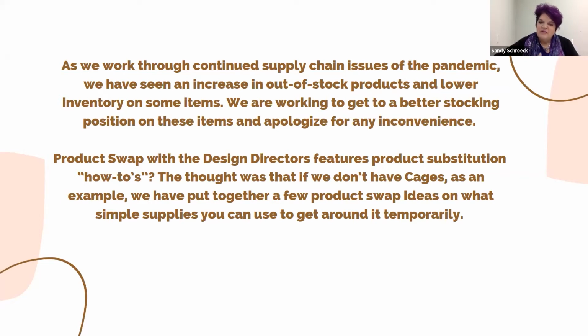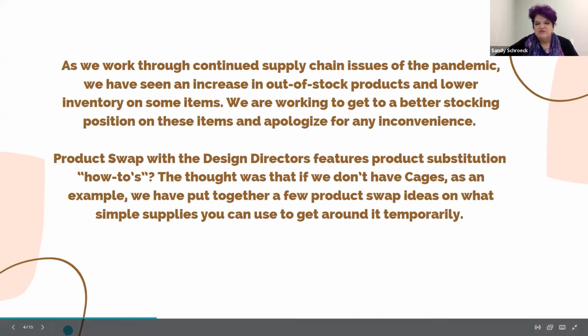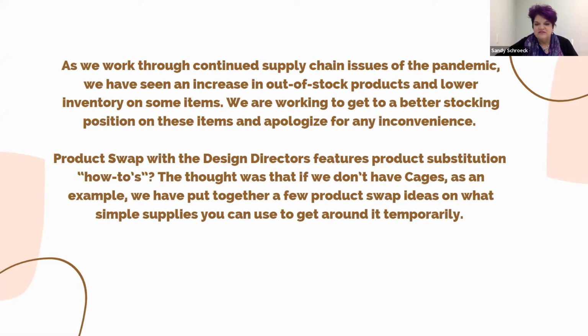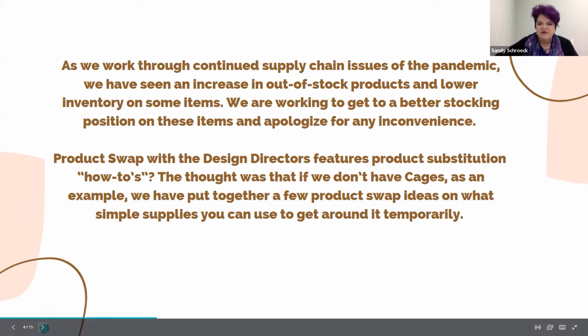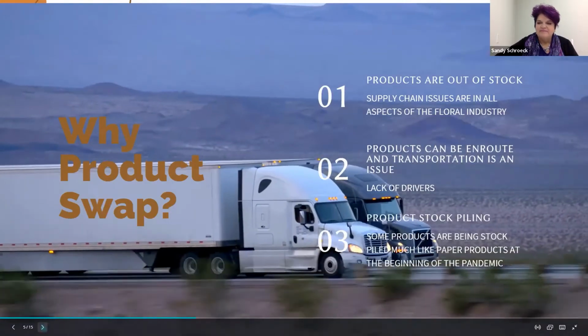But we know that all florists are very creative people. Yes. And so we have Frank with us today too. We're going to talk through some product swap ideas and some how-tos on things that maybe we are low on, such as cages, which is going to be the first product that we're going to take a look at.